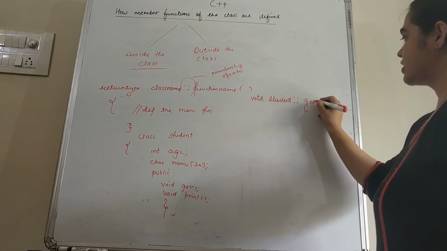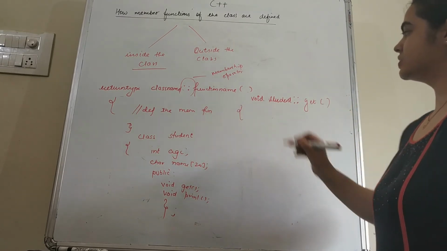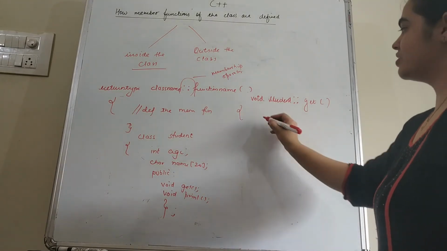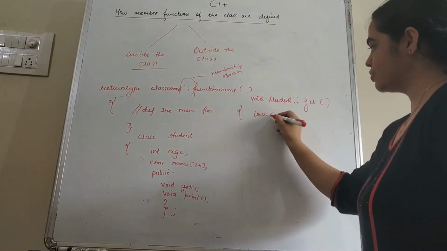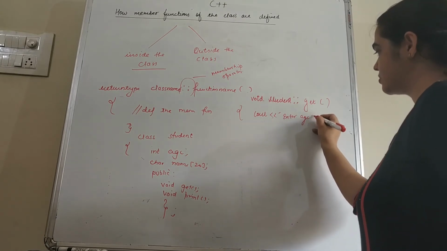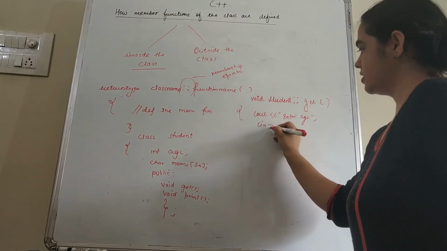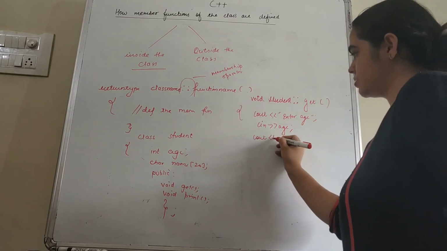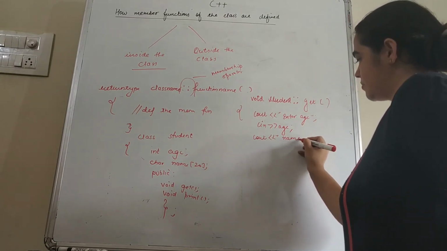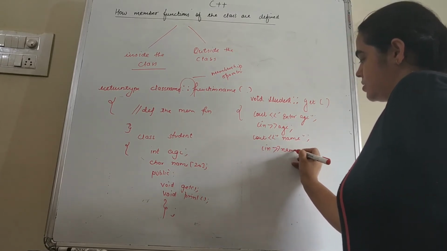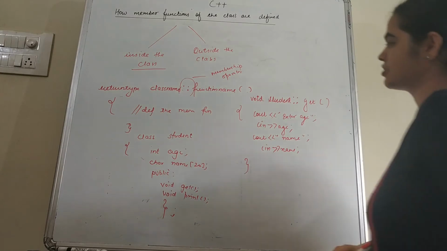After this we have to define this function. So in the definition we can write cout enter age, cin age. After this cout name and cin name. So this is the definition of the first function.